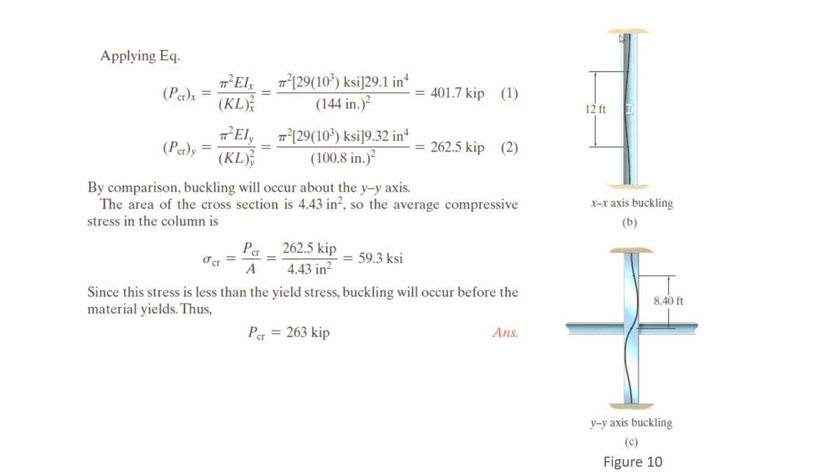This is the buckled shape about x-axis, right? Both the ends are fixed, and this is the deflected shape about y-axis because it is braced in y direction, right? So it will buckle like this. So it is 8.4 in the y and it is 12 in the x.